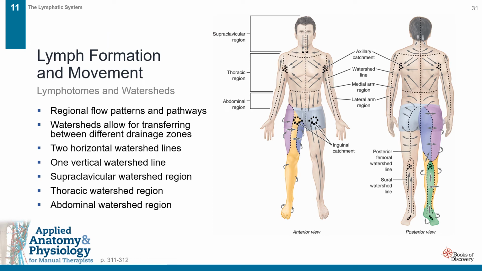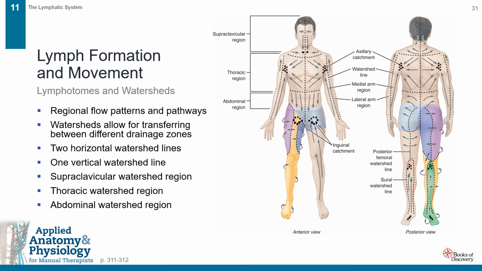Let's now consider lymph formation and movement with respect to lymphodomes and watersheds. The vessels of the lymphatic system are arranged in regional flow patterns called lymphodomes. Each lymphodome has its own group of capillaries and afferent collectors that form a predetermined pathway for lymph flow into a particular catchment and often to specific nodes.